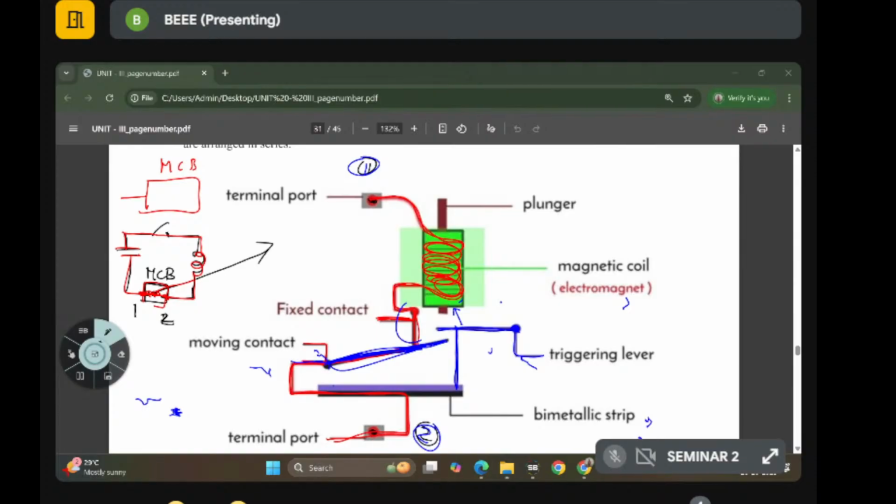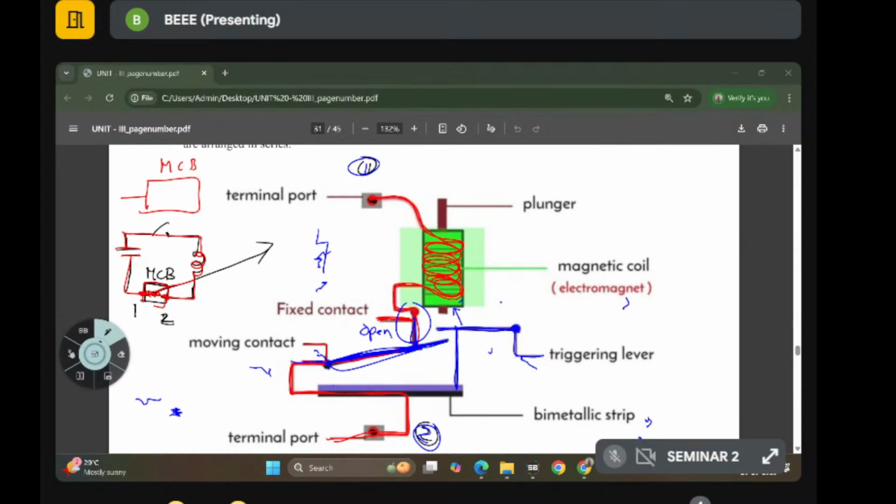Here the circuit will open now. This contact will get open here. In abnormal condition, it is open. That you have to write down. That is the working. I repeat, only write down this one, that is more than enough.